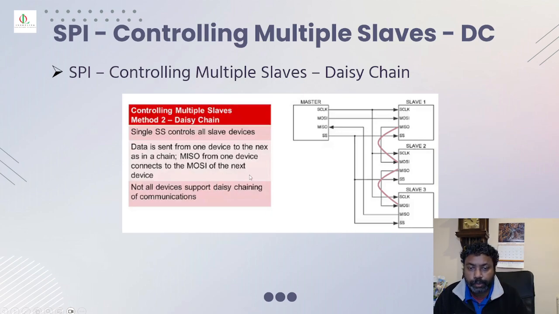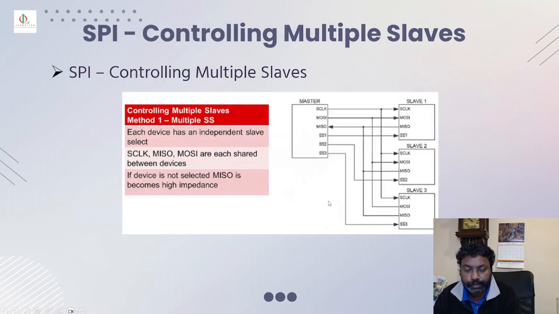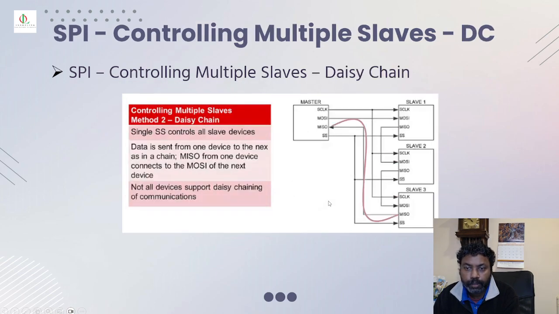If not, you need to go for the standard connections like this, and the MISO is connected to the MISO. So in daisy chain, first this connection, and then the MISO is connected to this MISO.